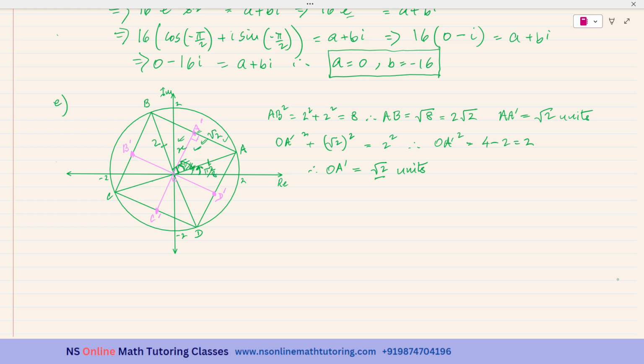So what will be the argument? Pi over 4 plus pi over 8 is equal to 2 pi over 8 plus pi over 8, which is 3 pi over 8. So this is the argument, this is the modulus, and this is the argument.